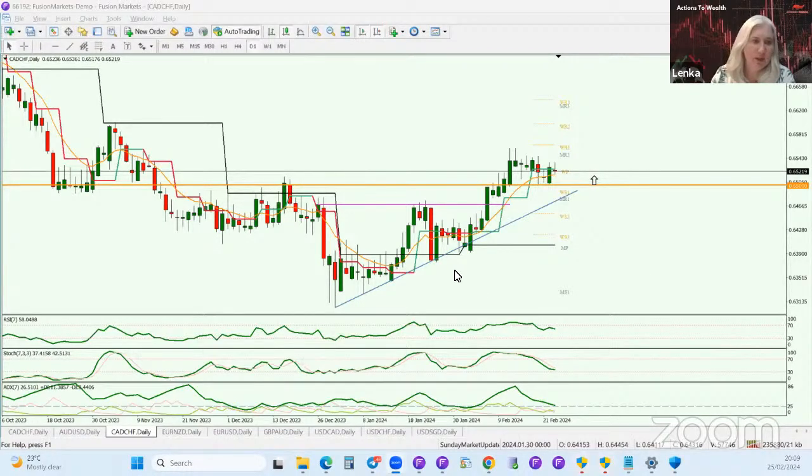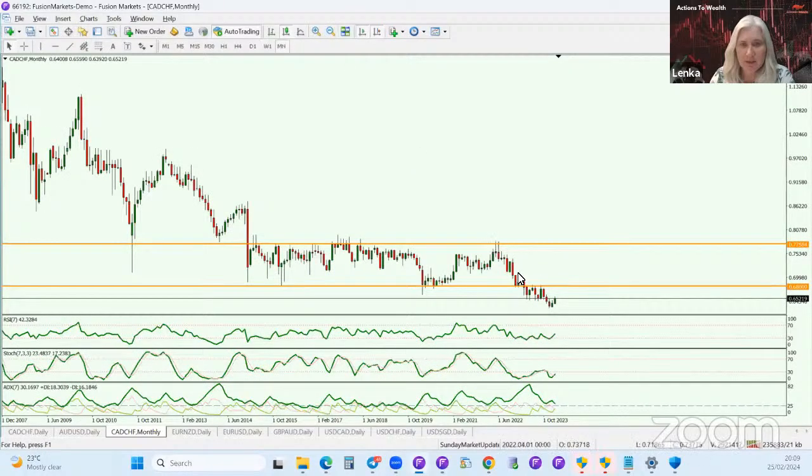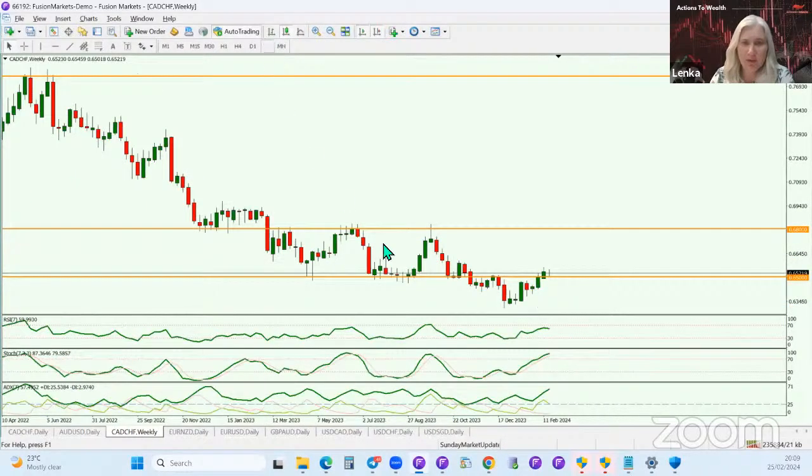All right. So I'm going to start with CAD CHF. And what I'm looking for here is long opportunities. If I go to the monthly, it is against the trend because we've been going down on the monthly for quite some time.